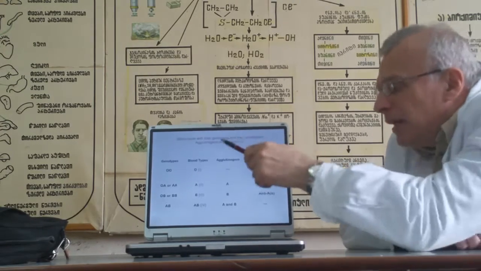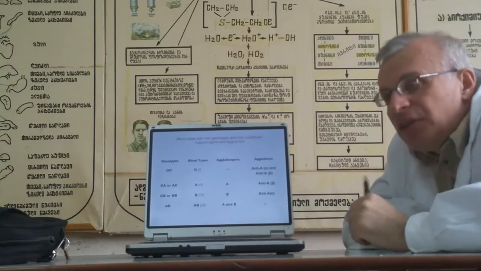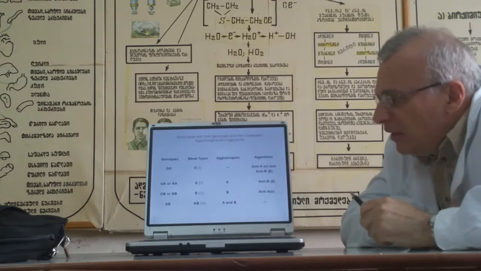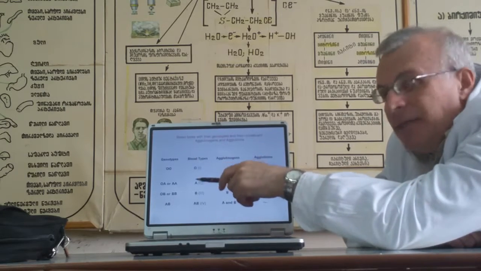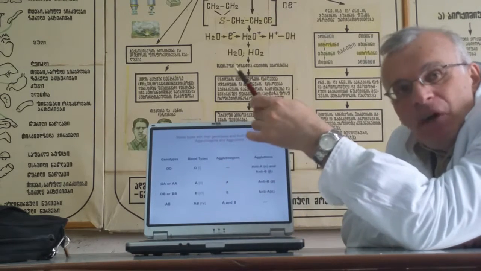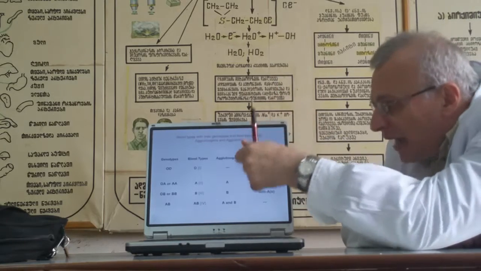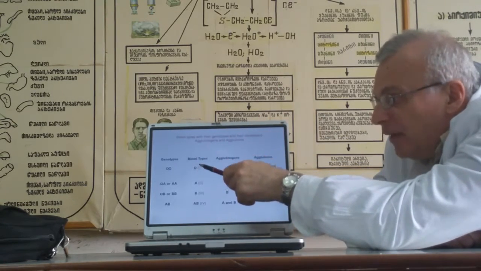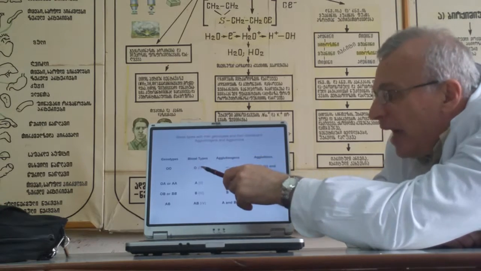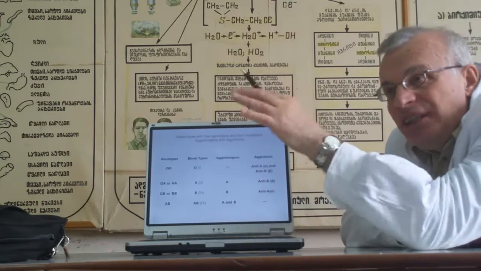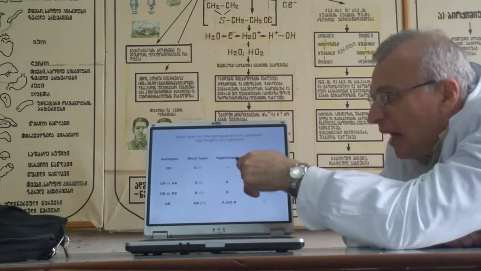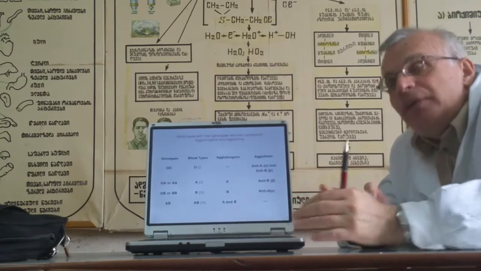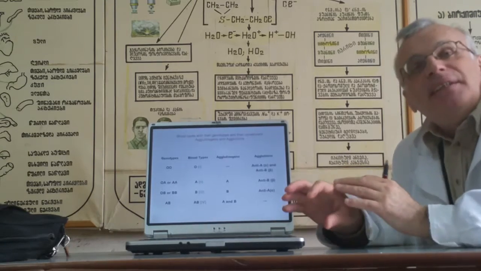Later he introduced a new classification, instead of 1, 2, the new one is the OAB system of classification of blood types. It means when we have no agglutinogens in erythrocytes, we have agglutinins.